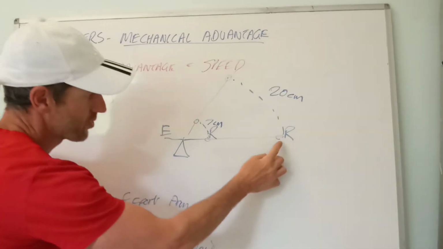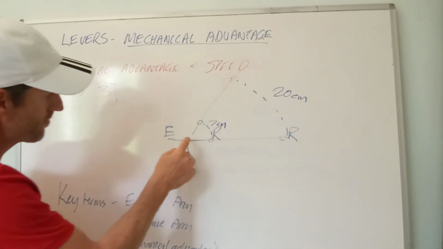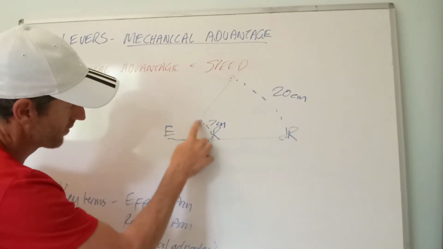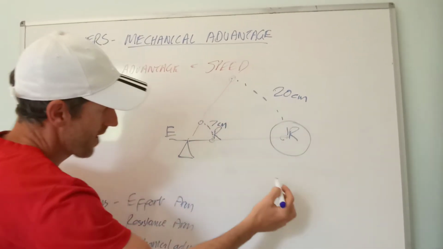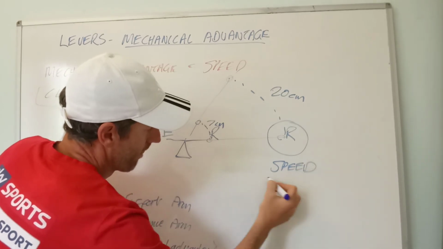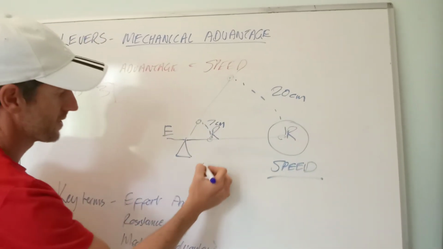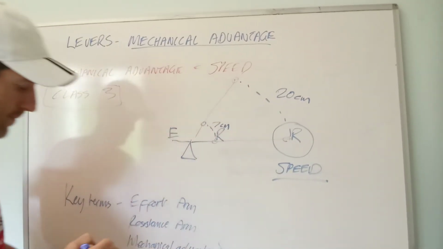So if that has traveled 20 centimeters in the same period of time as this has traveled 7 centimeters, then that means this part here is traveling at speed compared to this. That is traveling faster than that.